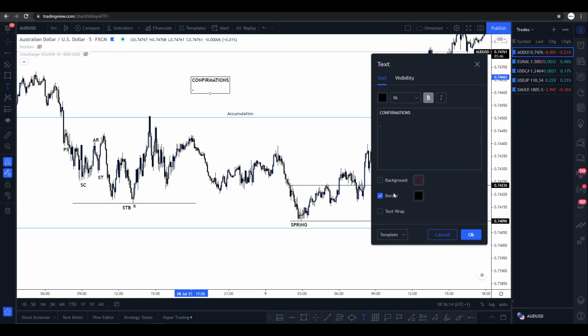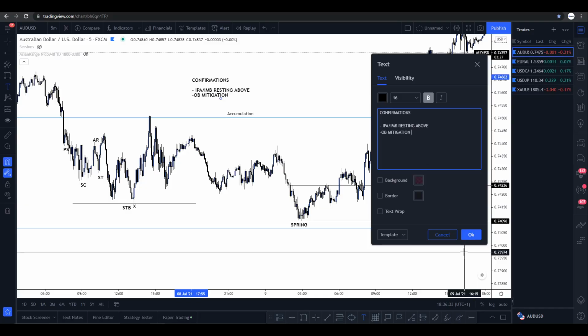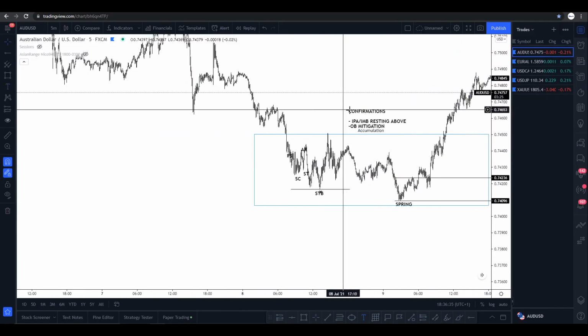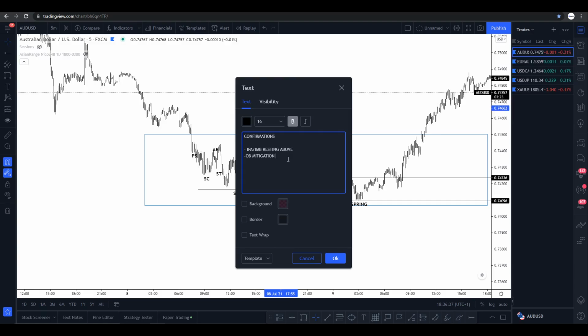So first confirmation, we have IPA/imbalance resting above. Second confirmation, OB mitigation, because price has to go all the way back up to mitigate those OBs, which gives price a precedent in order for it to go up.